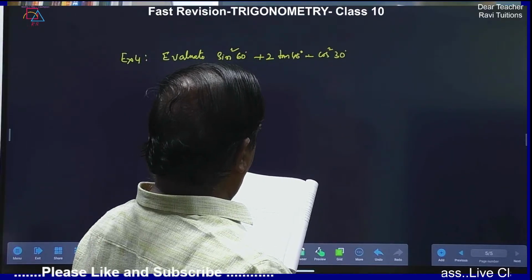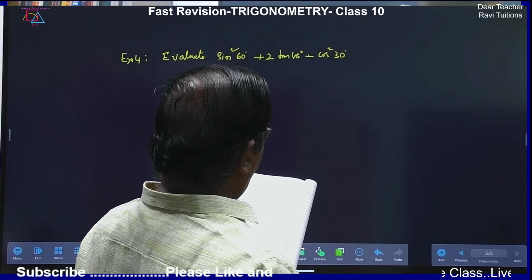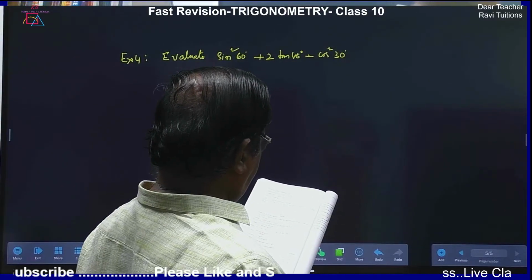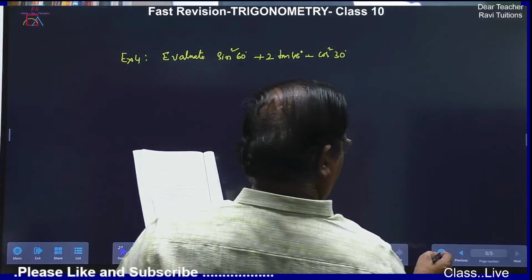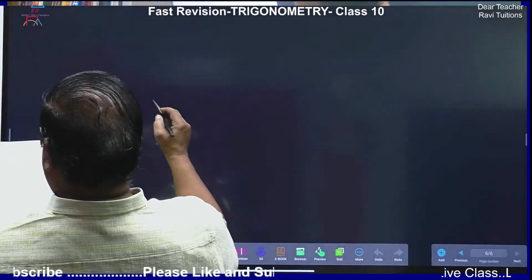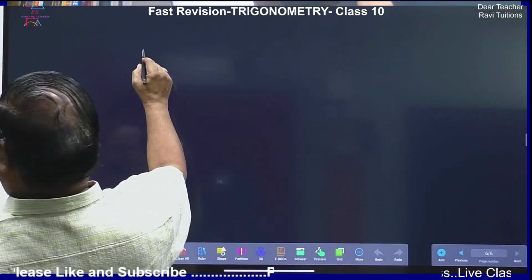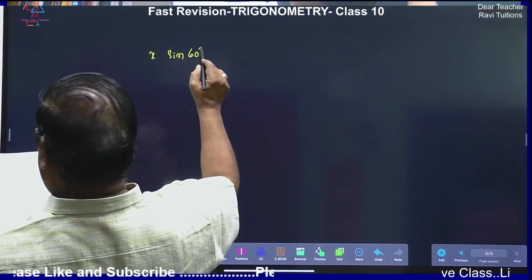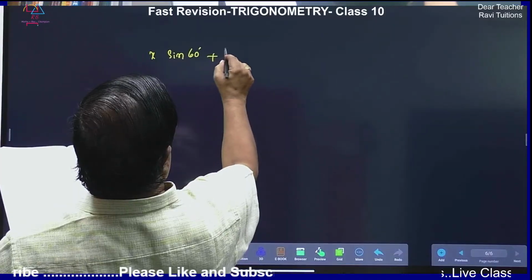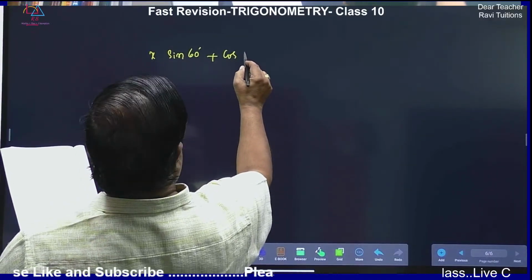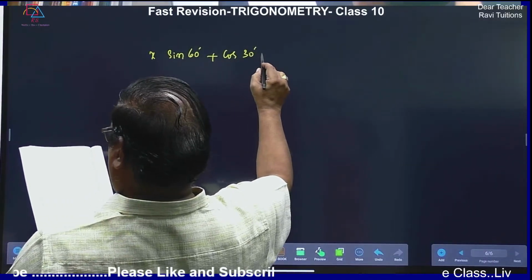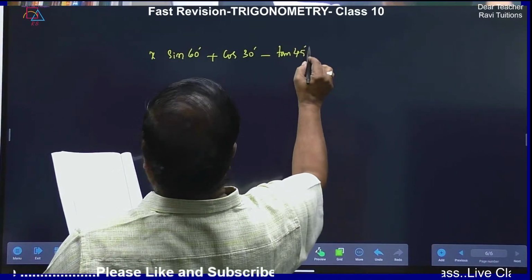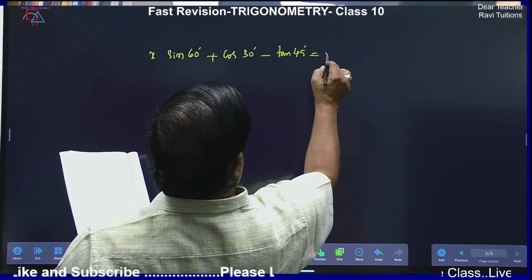Let me take up one more question. 2024, so many questions are there. Let me give you one more question. This is also an examination question. x sine 60 degrees plus cos 30 degrees minus tan 45 degrees is equal to root 3 by 2.